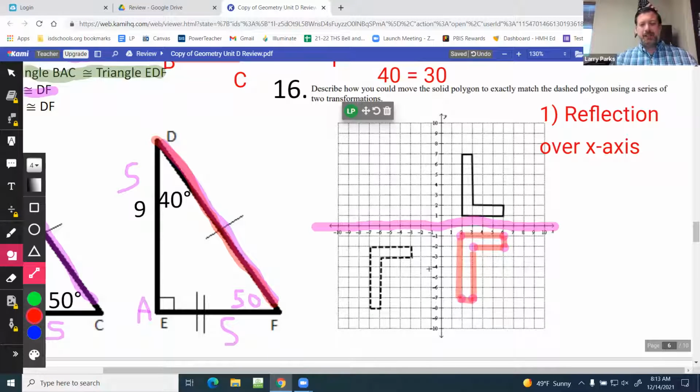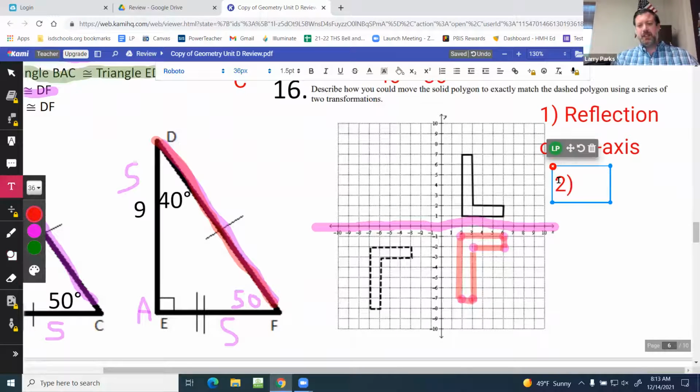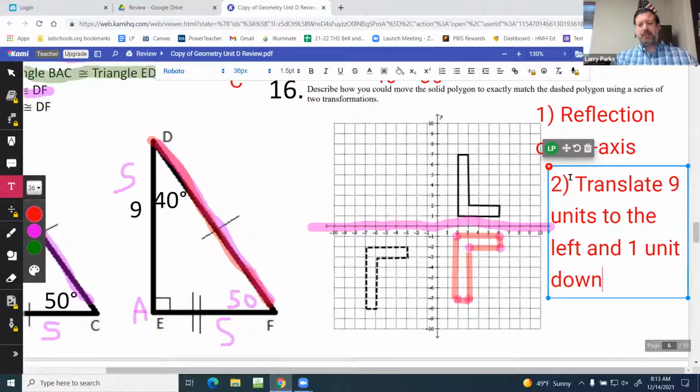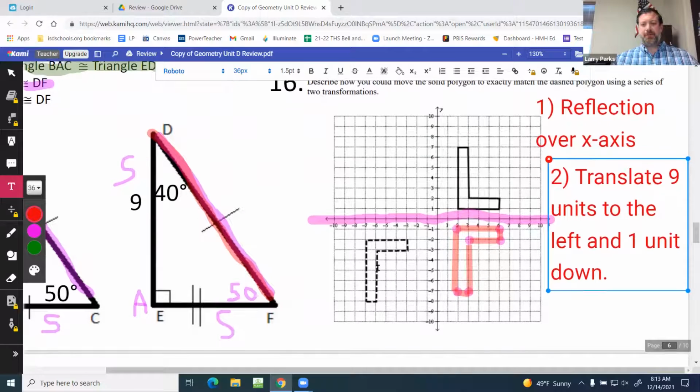And it looks like it's almost the same, but now to get this point from here to there, I need to move it over 9 to the left, 1 down. So that's what I would say. Translate 9 units to the left and 1 unit down. And then I would get the dashed figure.